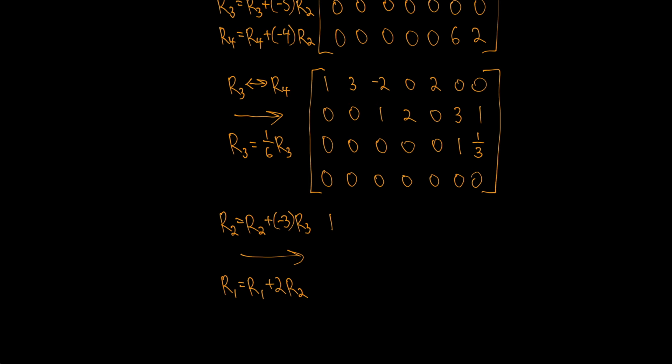So the new row 1 will be 1, 3, because there's just zeros over there. We don't have to worry about that. But we'll get a 0 over here because we're adding 2 of these guys to it. So we'll get 4, because now this 2 is going to have to multiply by 2 and add over there. 0 won't contribute anything, so we'll keep our 2. And then -3 will cancel over there.